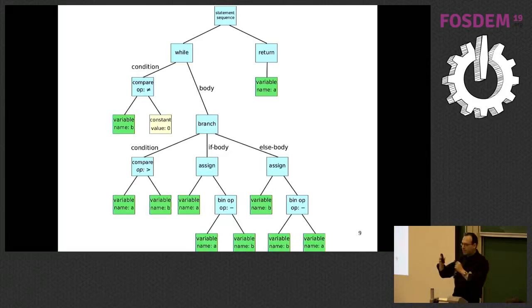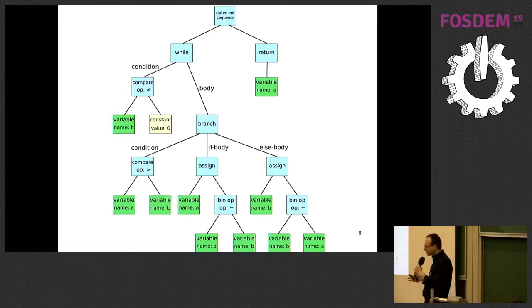You have child nodes, parent nodes, siblings, and different types of nodes. They have different types of attributes, and you can work with them very easily. All these different colors are objects of different types in Python, and this is how you can recognize them internally when you're writing plugins.